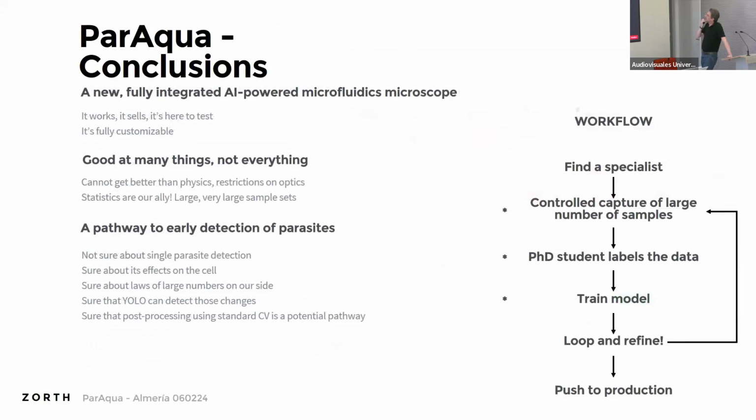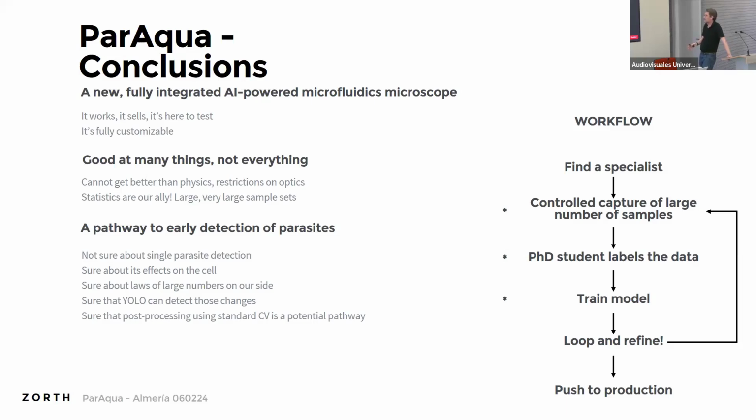Okay. So there's a best way for early detection of parasites. And single parasite detection, probably not feasible with the state-of-the-art models and optics that we've got. Finding one out of every 10, that's probably very easy.